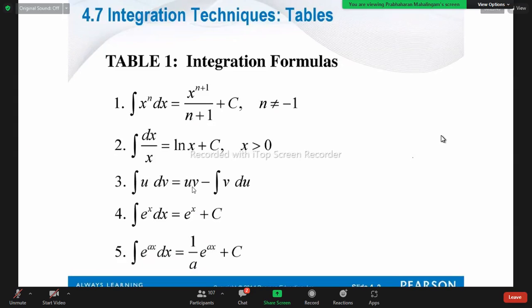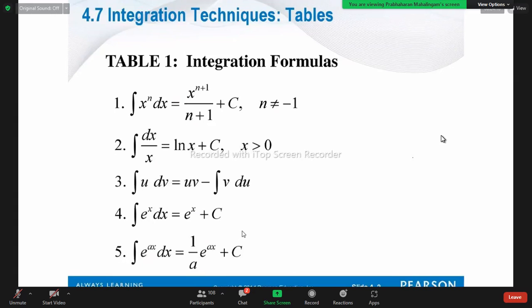So why did I tell you this? The integral of e to the power x dx is e to the power x. Sometimes e to the power 2x is there, and you will write e to the power 2x plus c. That's wrong. That's why I want to tell you, students with a mathematical background know this very well, because they learn in A level in a very competitive manner.